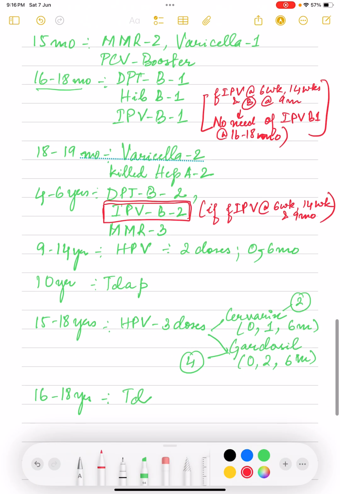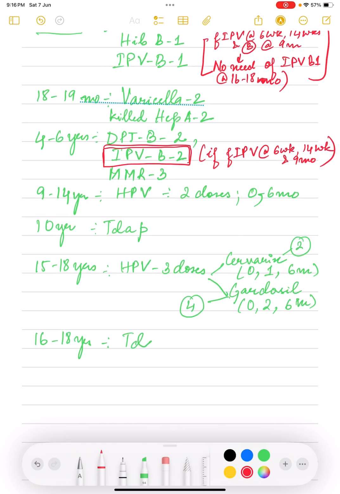Now the second update was HPV. There is a new vaccine, nonavalent or 9-valent HPV, which is gender non-specific. That is, earlier only females could receive this vaccine, Cervarix and Gardasil, but nonavalent HPV is for both male and female now.